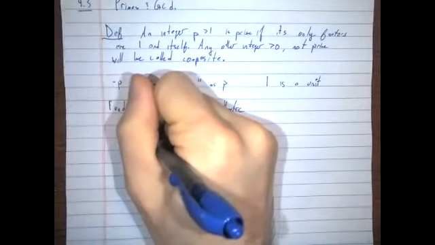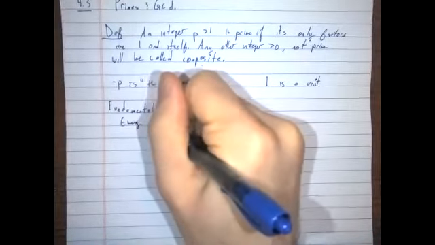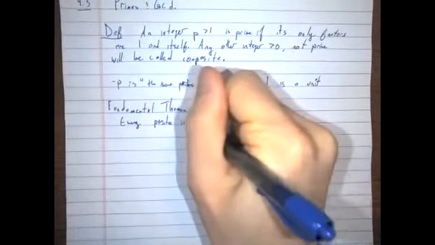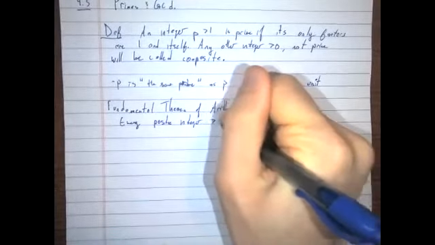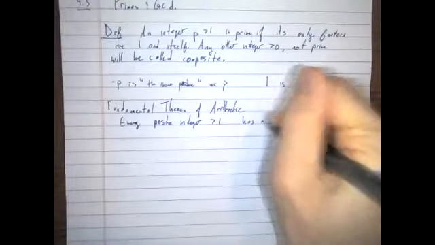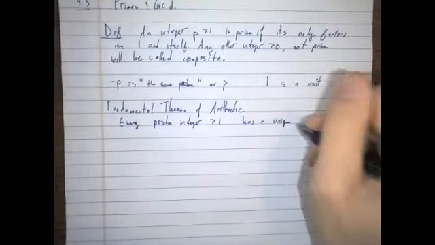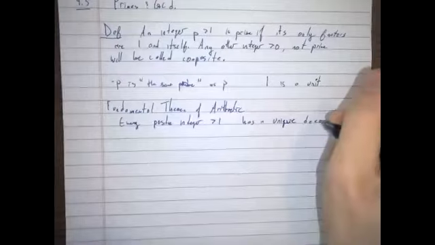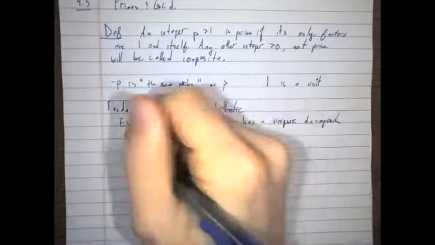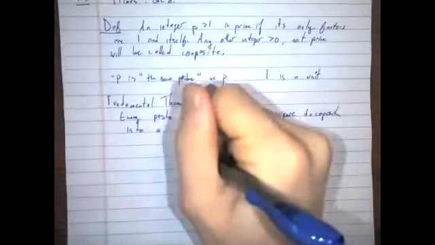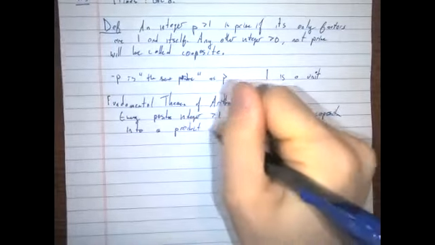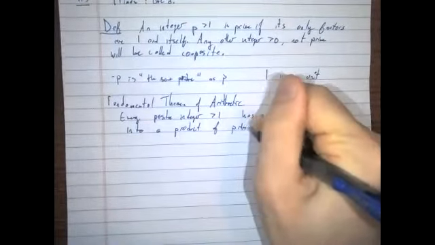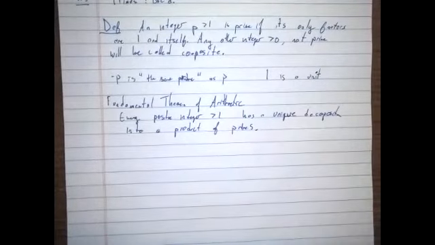Every positive integer greater than 1 has a unique decomposition into a product of primes. Does anyone know how we would prove this? How we did prove this?